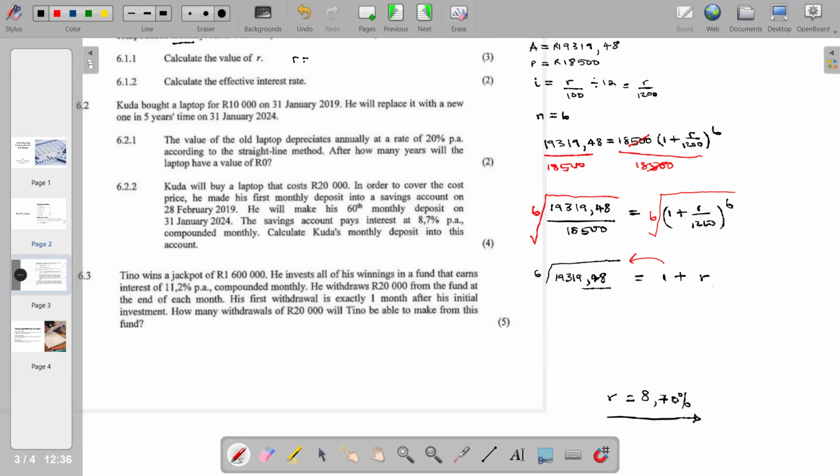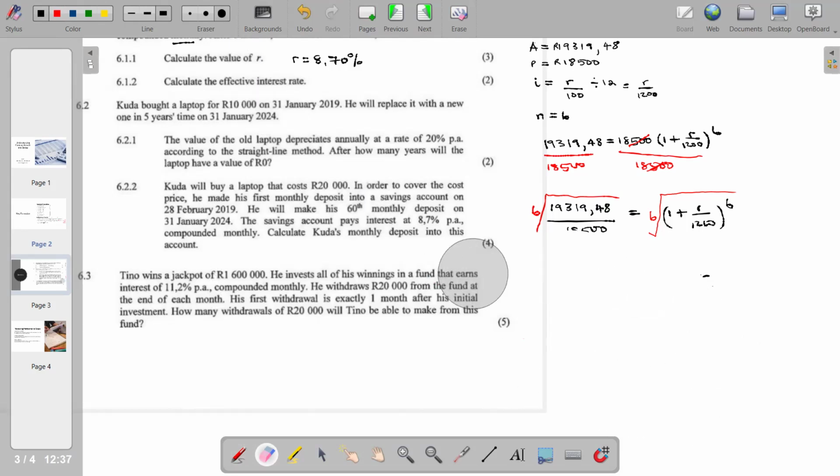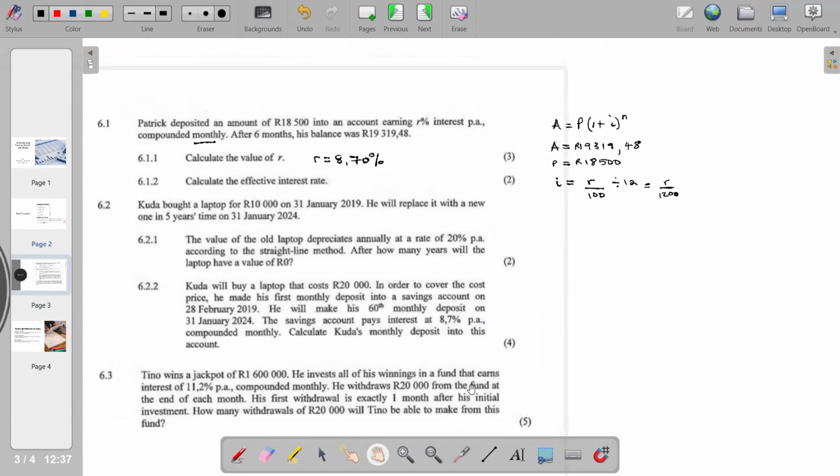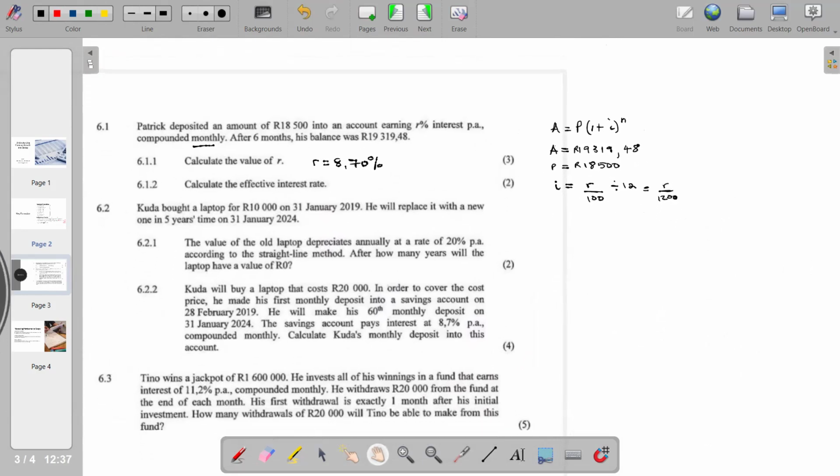We got our R being equal to 8.70%. So we are going to question 6.1.2.